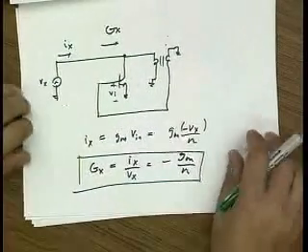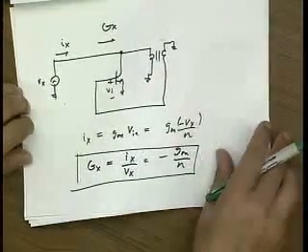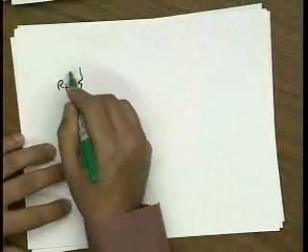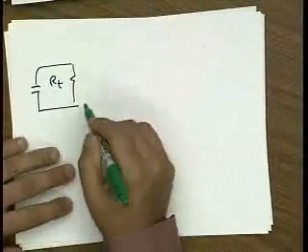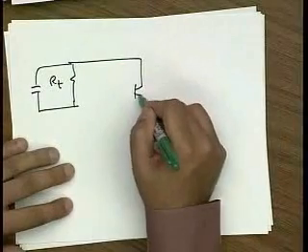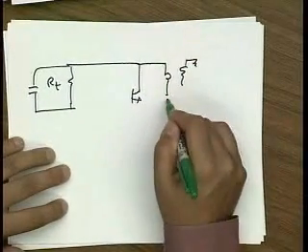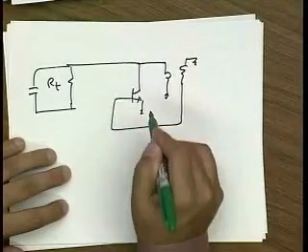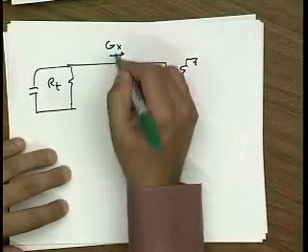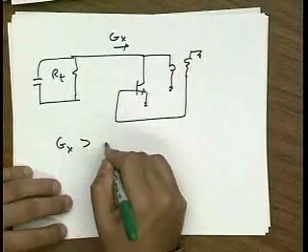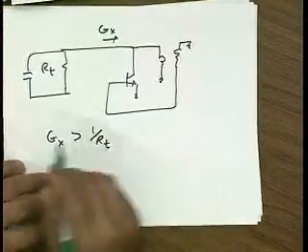Okay? And now the design criteria is very simple, because I can say, if I hook up RT here, let's say with some capacitance, and if this is Gx, then what I would like is for Gx to be larger than 1 over RT.